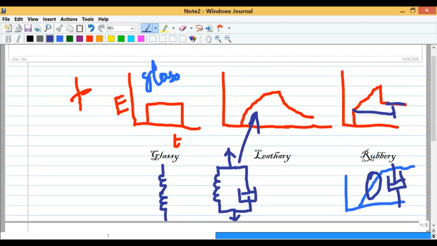This is analogous to this part, and that's why it is the series connection of the dashpot and spring, isn't it?